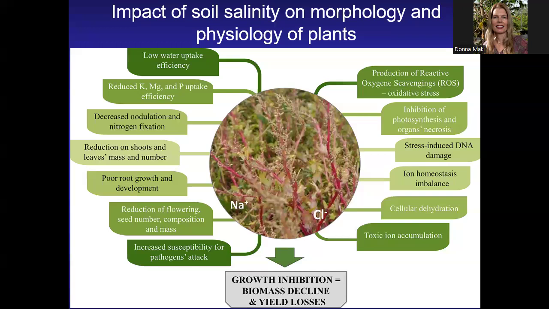So there's a lot of impacts both on the morphology and physiology of the plant and the associated microbes. Too salty for the plant usually means too salty for the microbes in the soil too, and they have a hard time, even to the point where they're showing damage to the DNA. So that's like the ultimate.